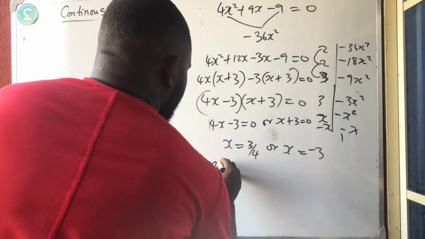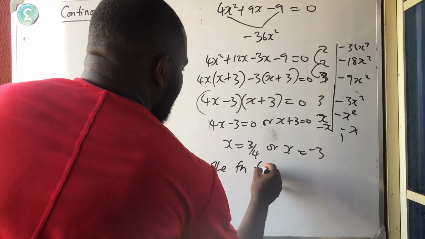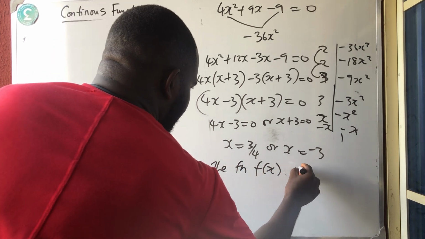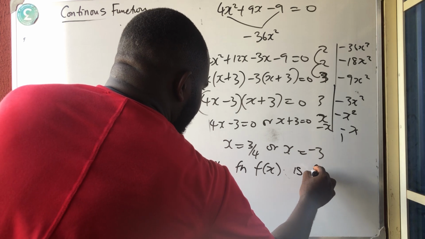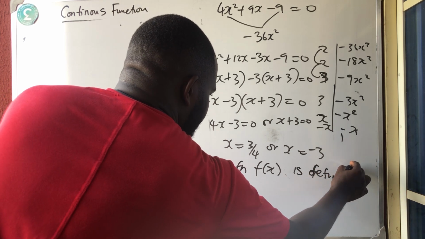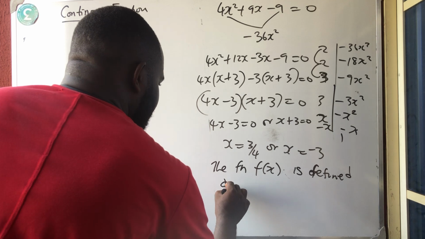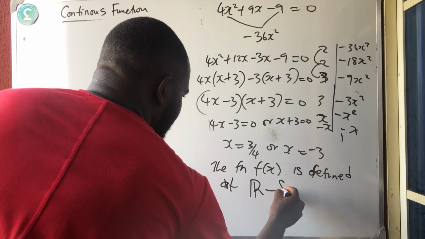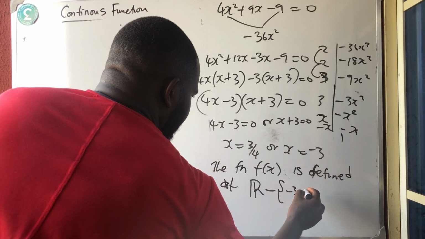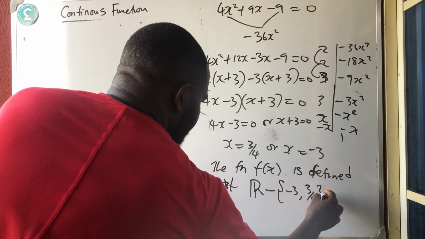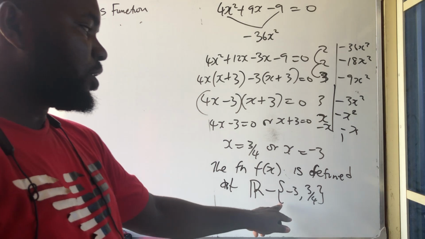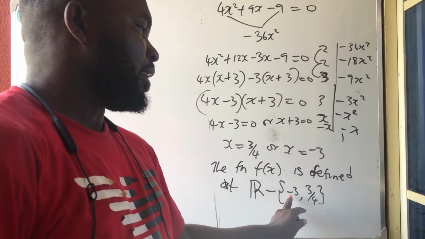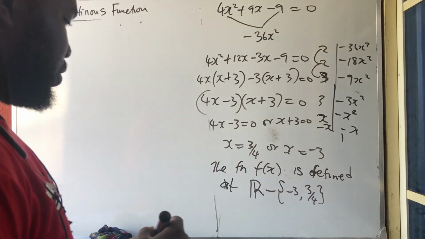So we say that the function f of x is defined at every real number except −3 and 3/4. Please make sure you use the set bracket. Don't use any other bracket except the set bracket. Okay, so that is that.